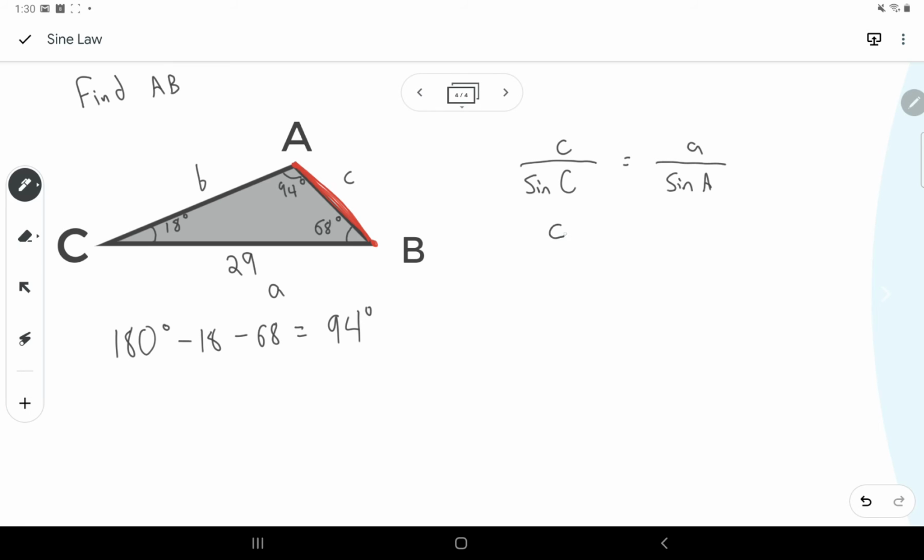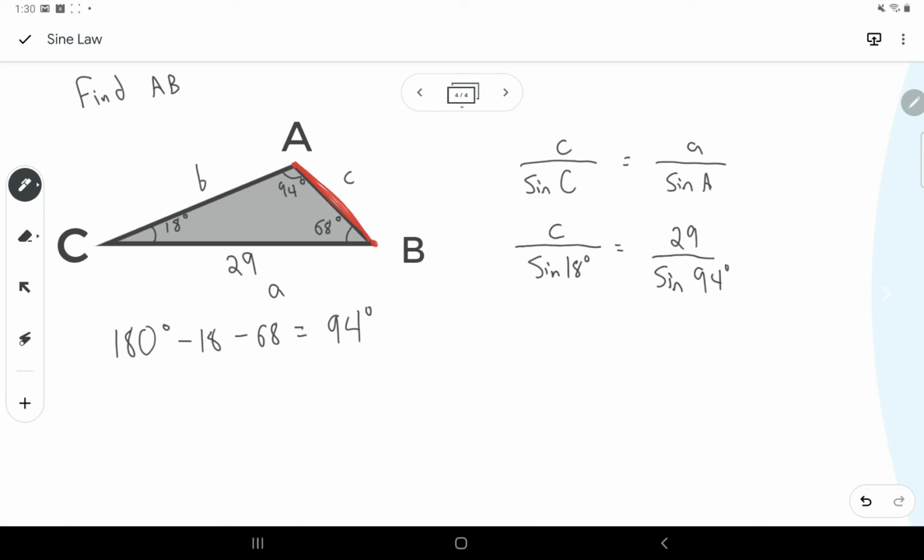We don't know c, so we'll leave c just as it is, over sine of big C, or sine of 18 degrees, and that is equal to little a, which we know is 29, divided by the sine of big A, or 94, the angle that we found.